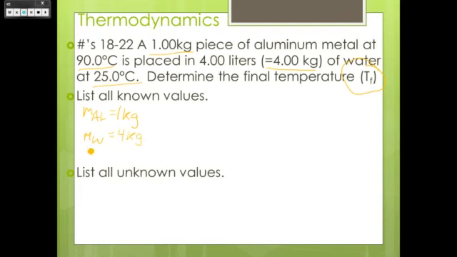I know the temperature of the aluminum was 90. The temperature of the water is 25 degrees. And looking at these values, I need to know my T final, which in this case is the final temperature of both pieces, both the metal and the water.